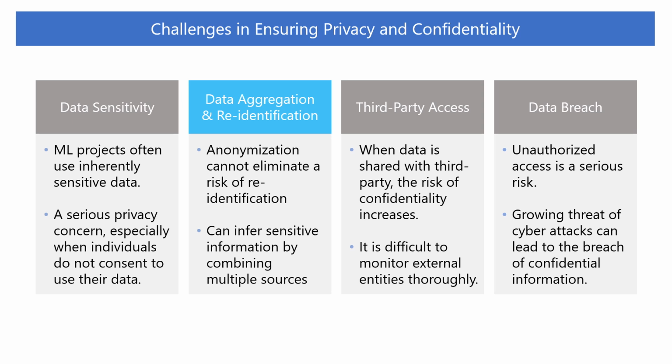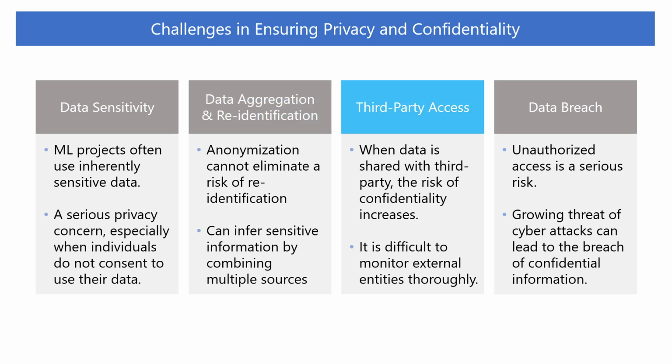The second issue is data aggregation and re-identification. Even when data is anonymized, a risk of re-identification remains. Combining datasets from multiple sources sometimes allows an individual's identity or other sensitive information to be inferred, which can compromise privacy.